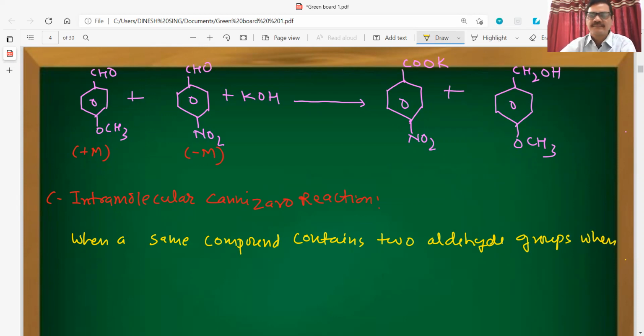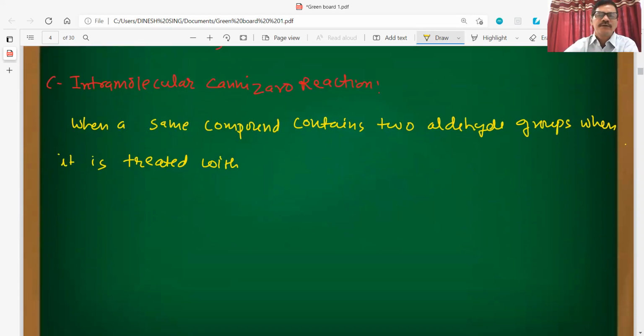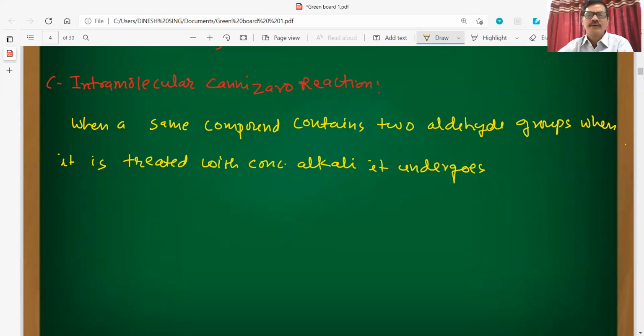When it is treated with concentrated alkali, it undergoes intramolecular Cannizzaro reaction.